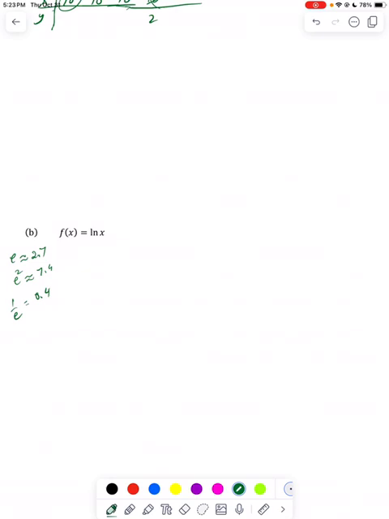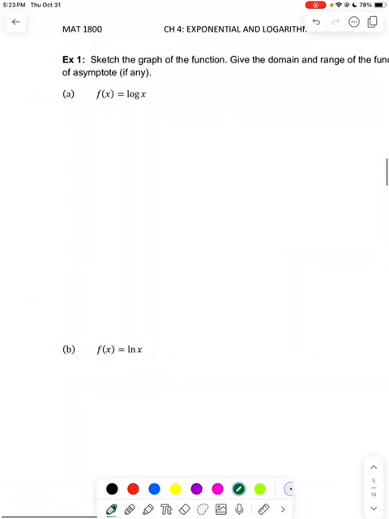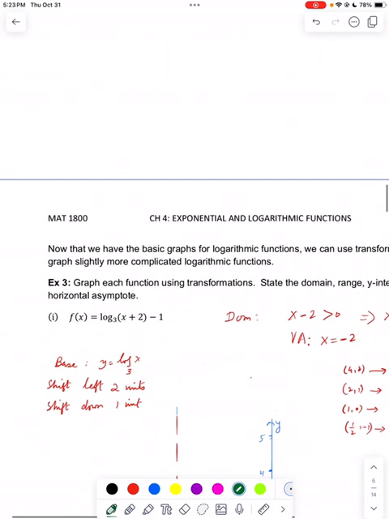Then again we have something with transformations. So once we do those, then we can talk about transformation. So this one is log base 3 of x plus 2, minus 1. Any vertical shift in these graphs is not going to move the axis. Axis will remain the same.